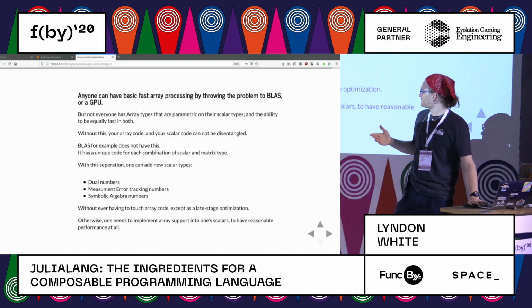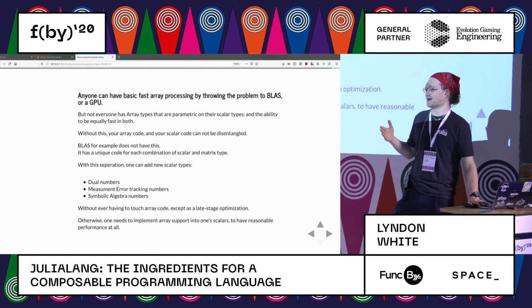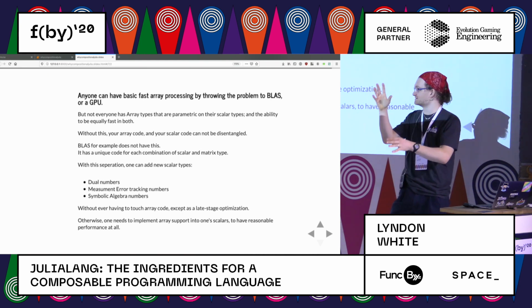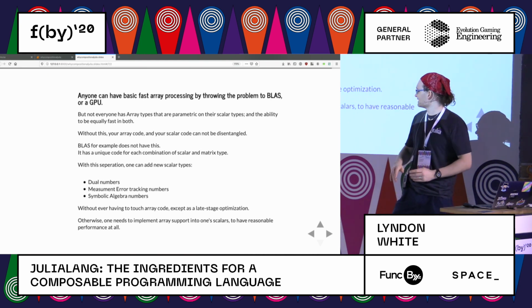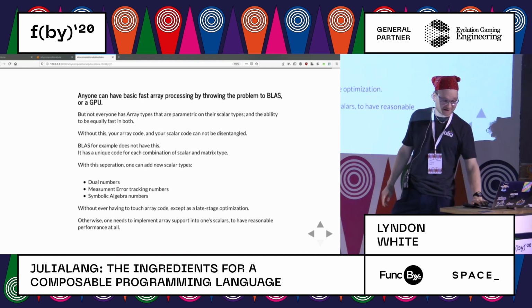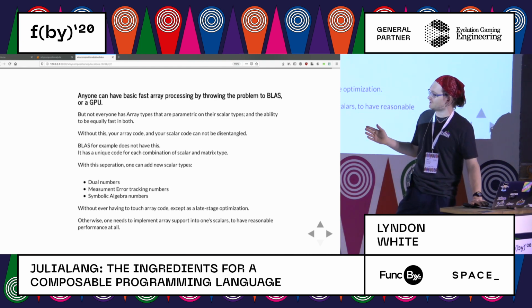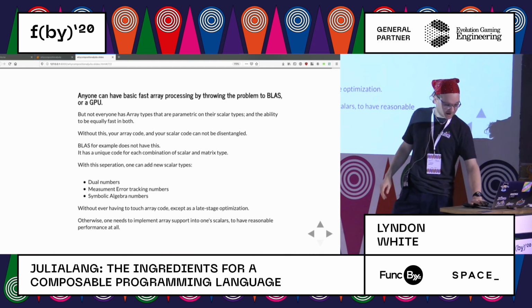So we want all these things to work, and we don't want to have to touch the array code, except maybe at the end we can do some careful stuff like BLAS does about checking your CPU, cache sizes, and that. But most of the time you don't need it. We just want to implement these scalars. So having a type system that is parametric and the ability to specialize in both gives us the ability to do the extremely specialized version, or the ability to just worry about the two parts one at a time. I think that's quite important.